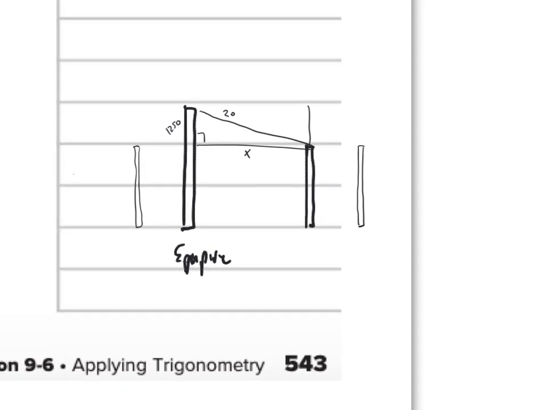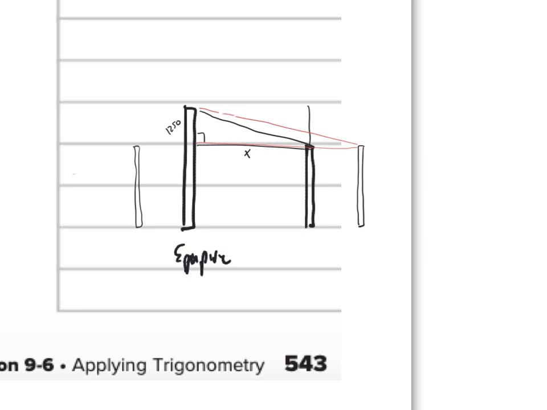Then the next triangle is going to be like that. Oh, sorry, that doesn't make any sense, does it? The closest one would have been at the slighter degree, right?